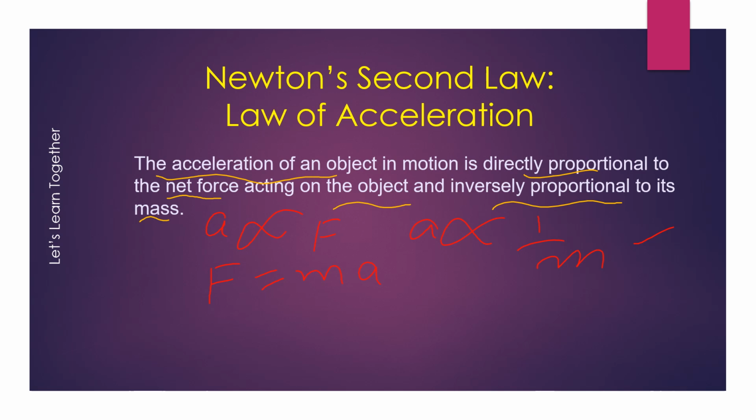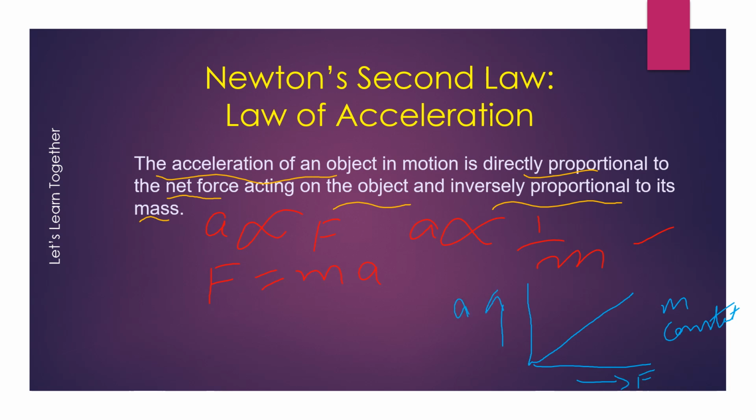How this works is, if we make a graph of an object for which we have applied an external force to make it move, the acceleration with which that object will move is directly proportional to the force. If m is constant, it does not change, then this is force, this is acceleration.